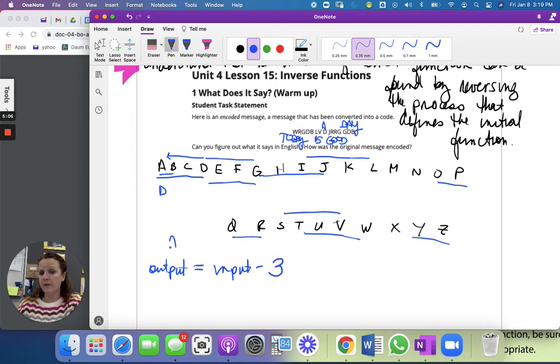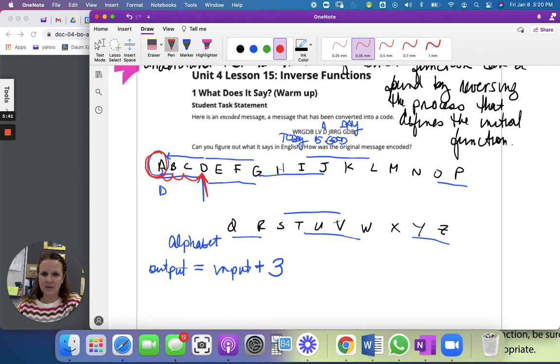Okay, all in the alphabet. Basically, if our output was, say, D, oh no, it would be our input plus 3. If our input was A, we would plus 3, 1, 2, 3, and get our output. So our output is our input plus 3.